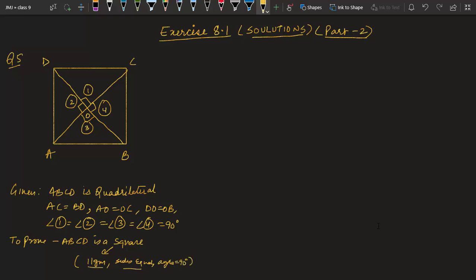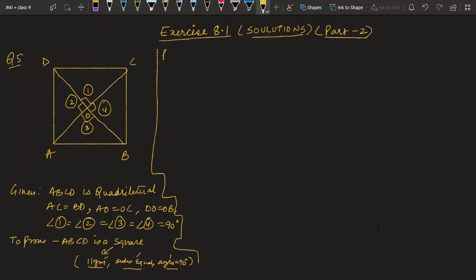These three things we have to take care. If we are able to prove these three things, we can say confidently that this ABCD is a square. Okay. Now let's start the process. I guess the question is clear to you.